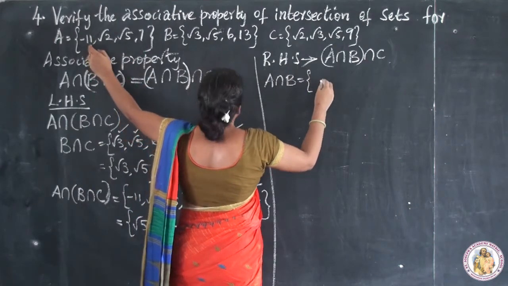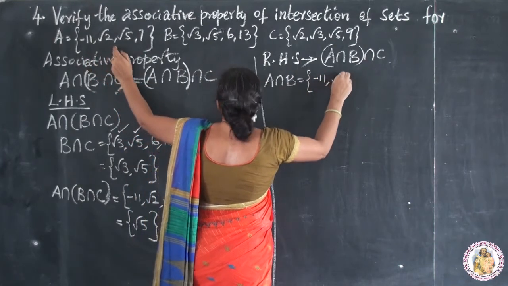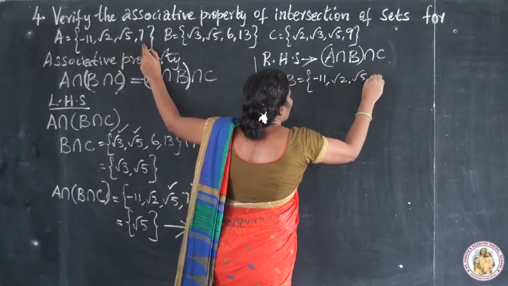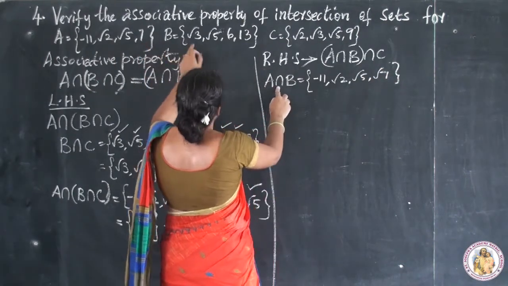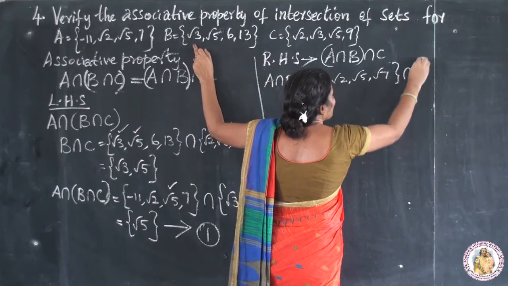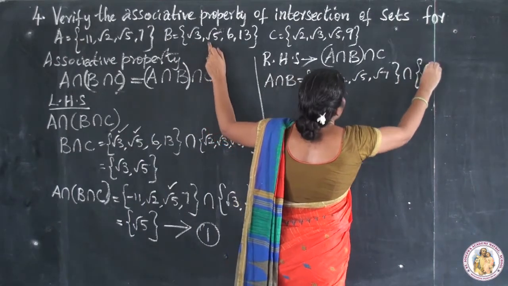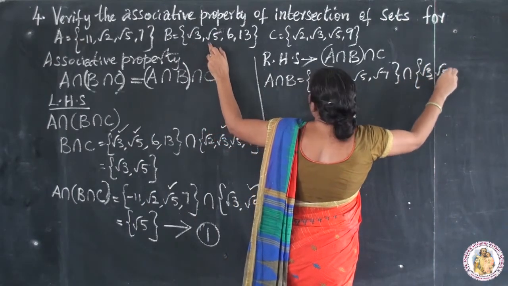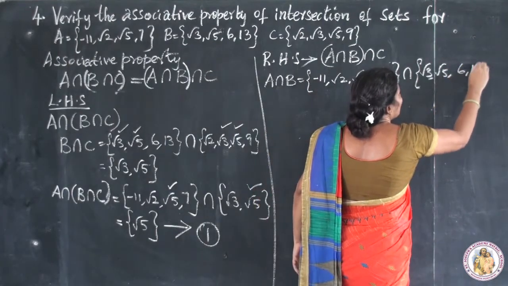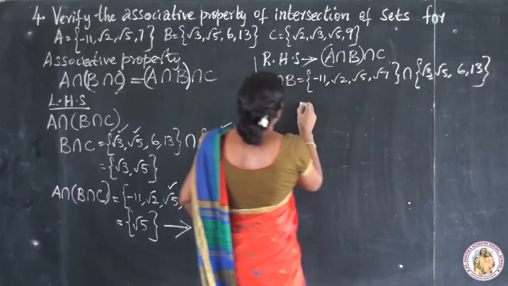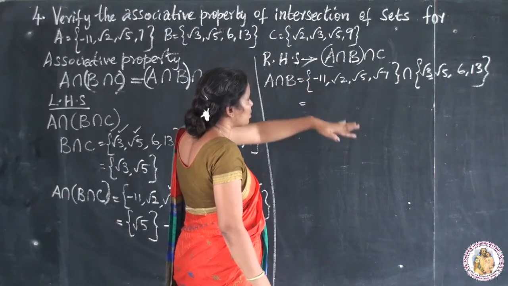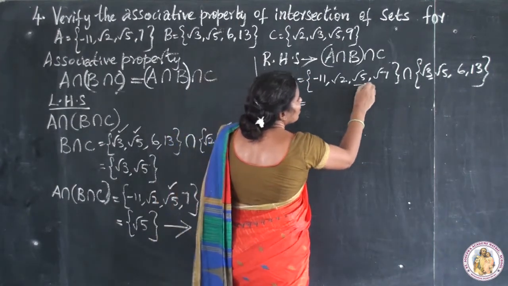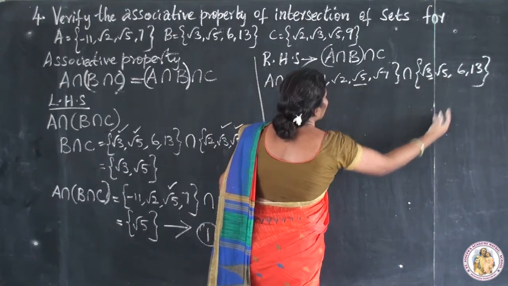Write the elements of A: minus 11, root 2, root 5 and root 7, intersection B: root 3, root 5, 6 and 13. A intersection B: write the common elements which are present in both the brackets. Here we have root 5, no other element present.